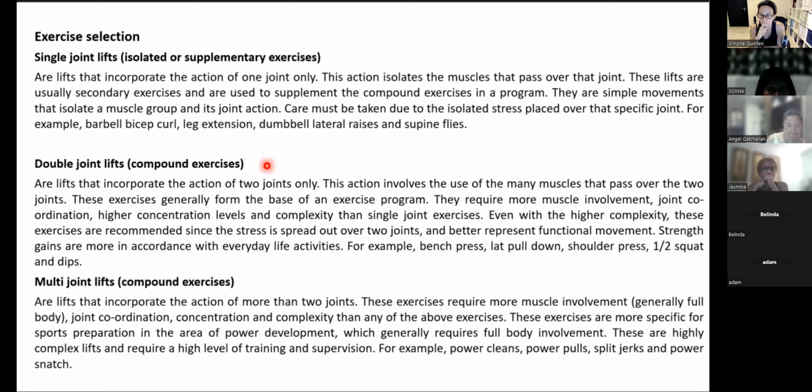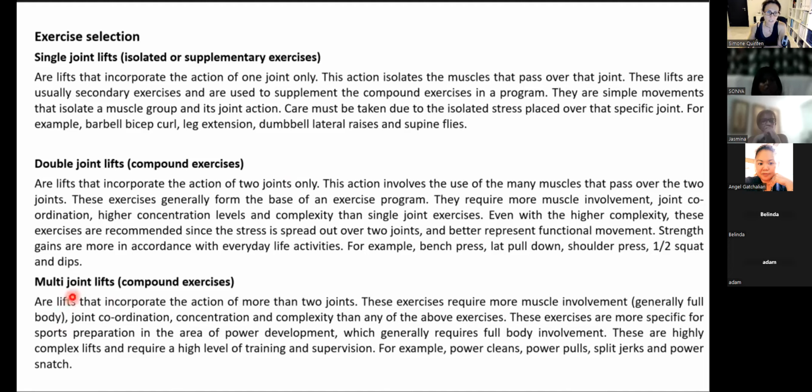So if I do a lunge together with the arm, where one is upper body and one is lower body, both are different muscles. Do we still call it a compound exercise? That one I would even say is a multi-joint lift. So when you're doing a group exercise and you're doing some lunges with something like that, that would be a multi-joint exercise.